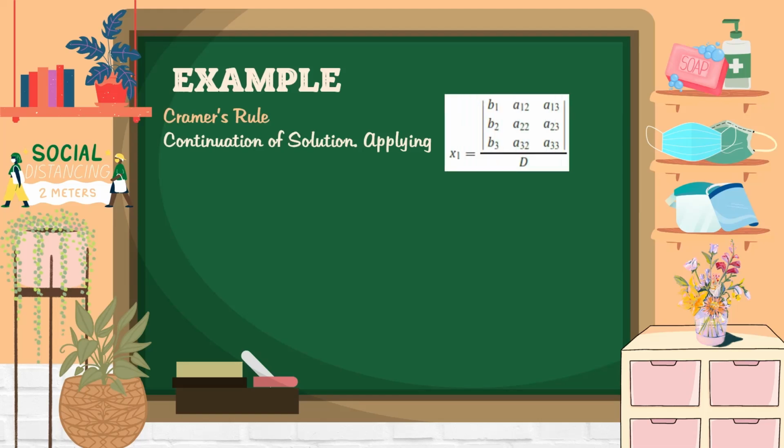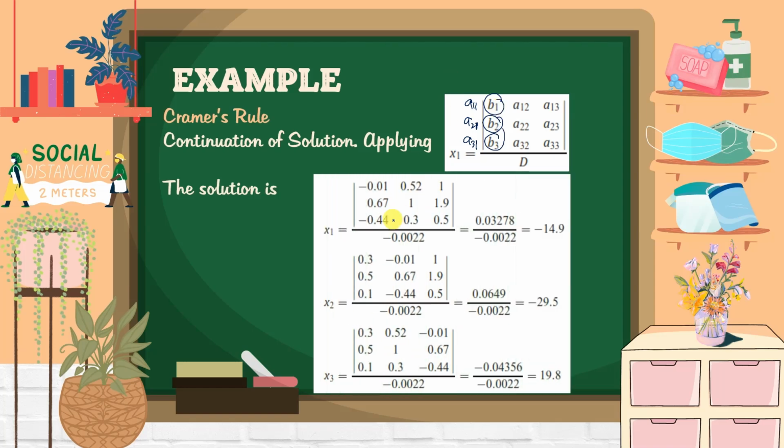And we already have the determinant. So, applying it, finding the x sub 1, this is simply replacing a11, a21, a31 with b1, b2, and b3. So, the solution for x sub 1, what we replaced will now be the b1, b2, and b3.